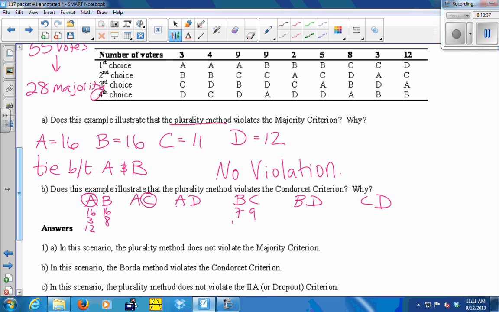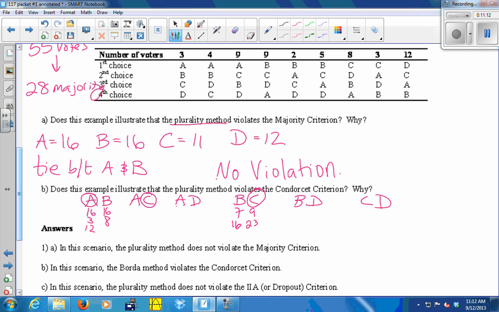So all 16 there are going to go to B. And then these 8 people would choose C, C, and C. The last 3 columns all go to C. So that's 15 and 8 is 26. So what's 15 and 8? 23. Okay. So 23 and 9 is 32, which is more than 16 and 7. So C wins that matchup.